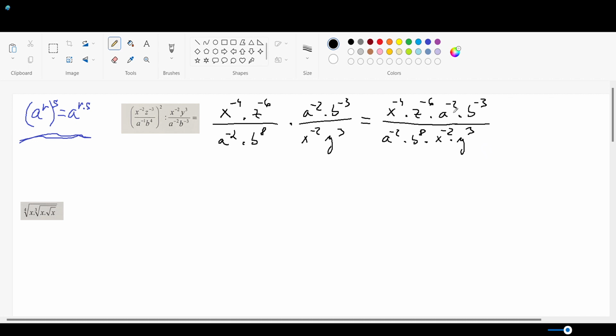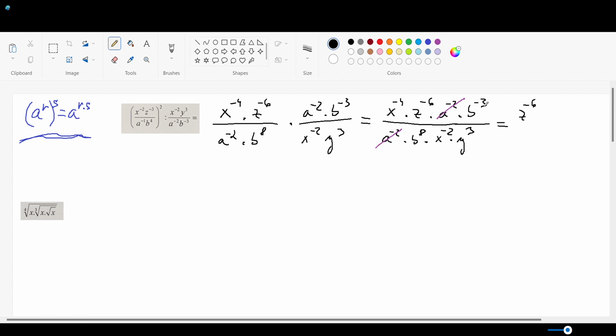You just find the same basis, which is this one with the a's. Good news, they have the same power, so we will get rid of them, so there won't be any a in our solution. Do we have any z power? No, we don't have any z power, which means z to the power of negative 6 will remain.